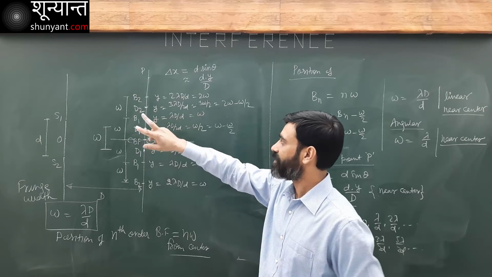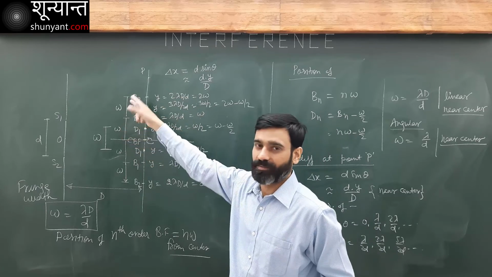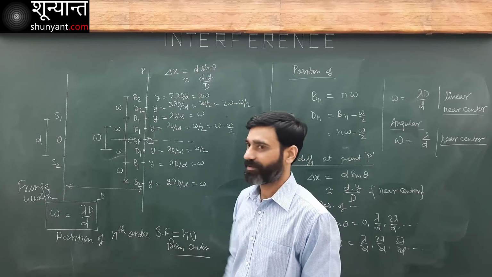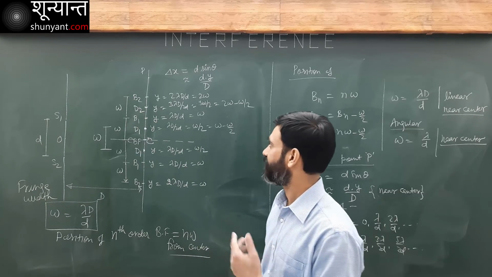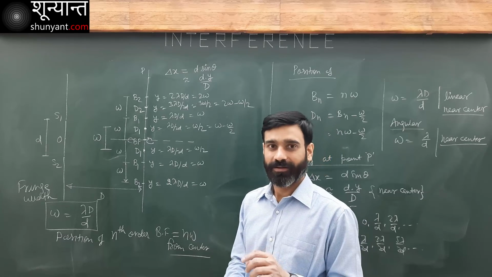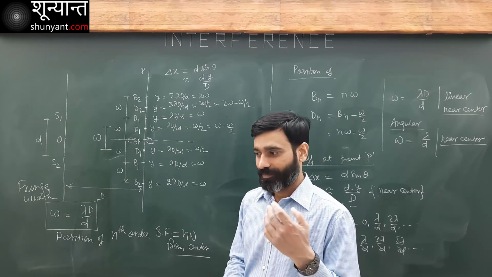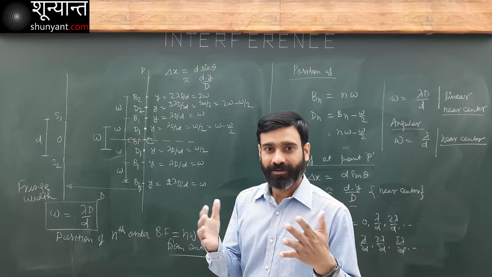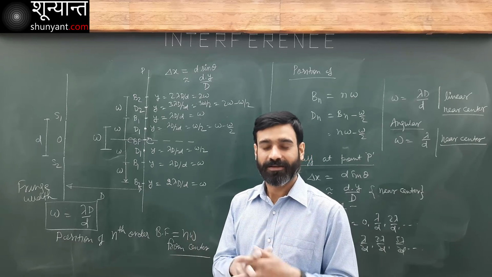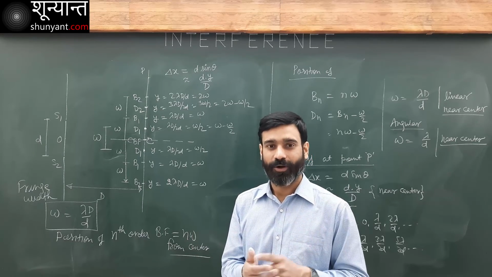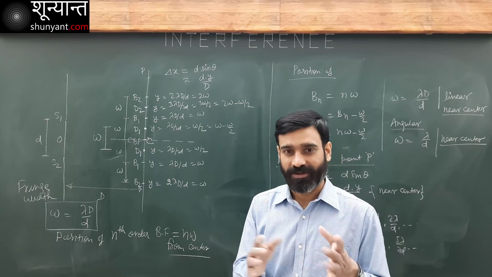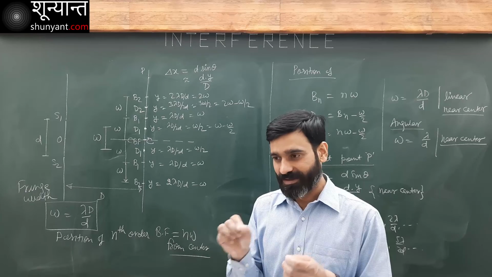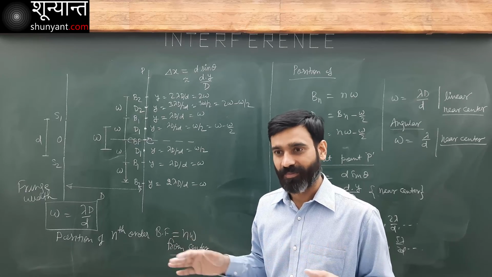It's easy to remember in terms of omega, the fringe width. What is the path difference? What is the relation between path difference and phase difference? Path difference for a given order of bright fringe: when I say the 10th order bright fringe, the path difference will be 10 lambda. In such simple terms, we just try to remember it.